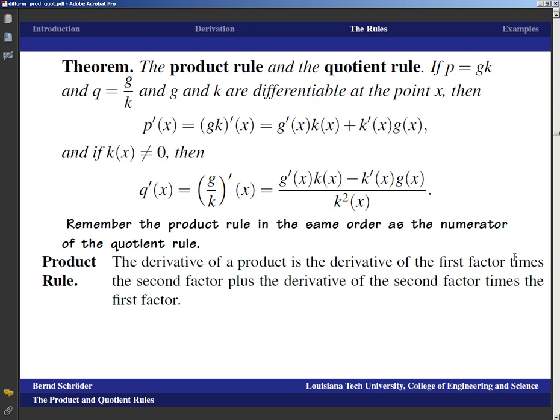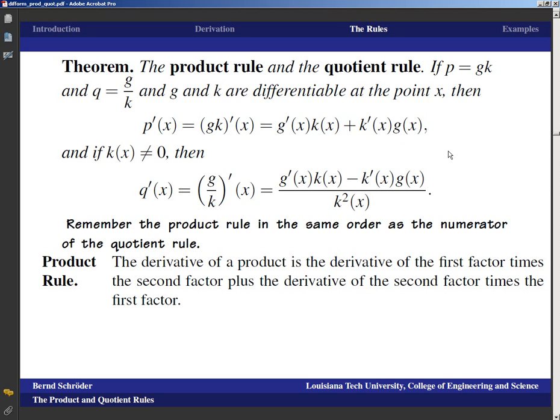You can also write these rules out verbally. For example, the product rule simply says that the derivative of a product is the derivative of the first factor times the second factor plus the derivative of the second factor times the first factor. And that helps too, because if you start naming a bunch of stuff, that's where we run into the thing I talked about in the introduction to the course.